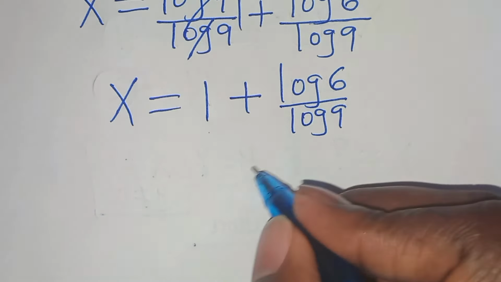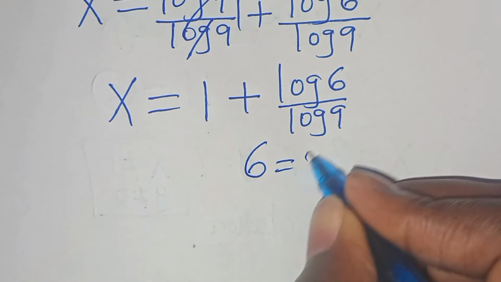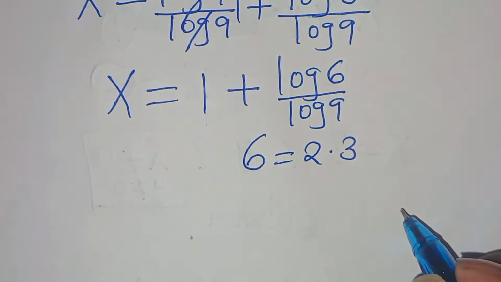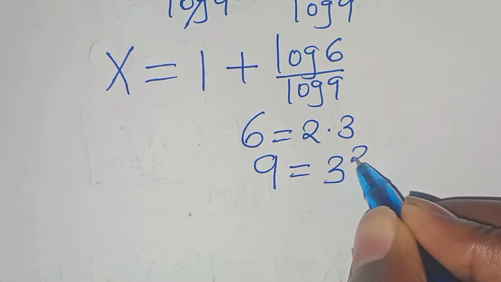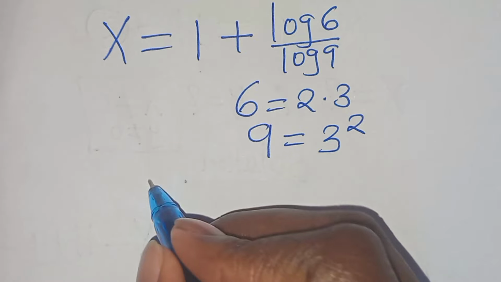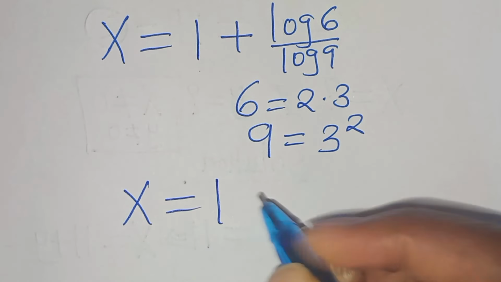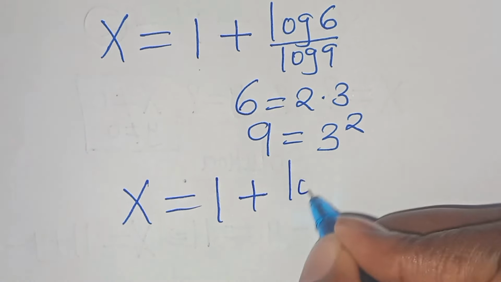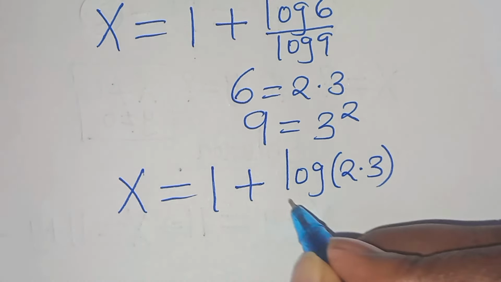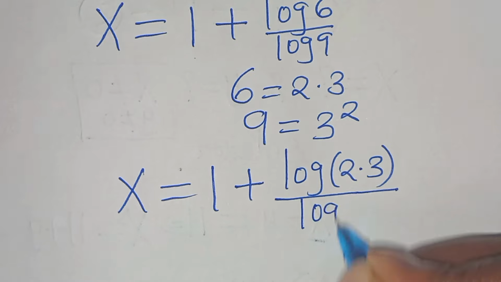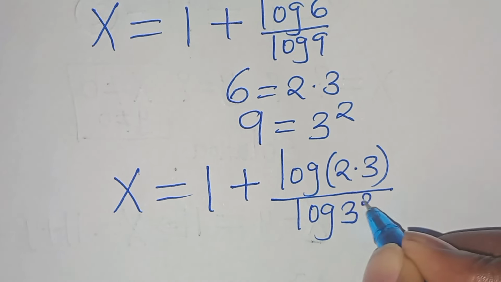The next step is that we can express 6 as 2 times 3, and we can express 9 as 3 to the power of 2. So we have that x here is equal to 1 plus log 2 multiplied by 3, everything divided by log 3 to the power of 2.